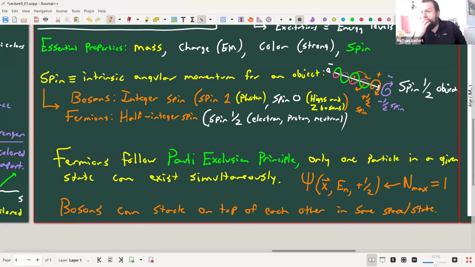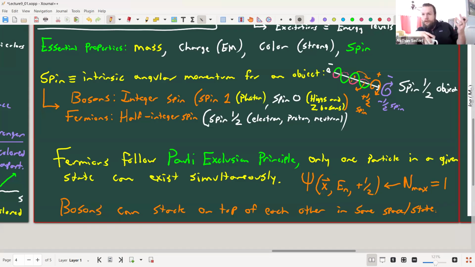If photons were fermions, you could only have one photon in your room at a time at a given energy and a given spin. So there would be only two photons in a given space of a given energy at one time. Of course, that's impossible. There's trillions upon trillions of photons streaming into this room right now.